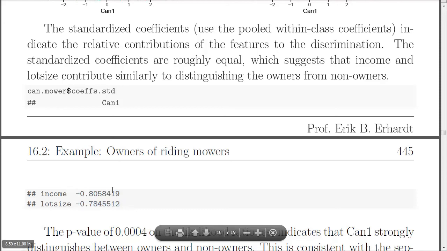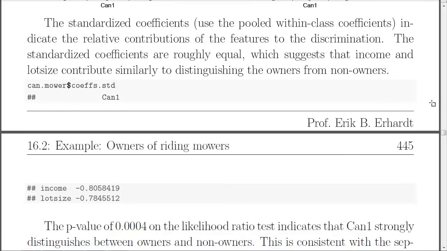In this case, both contribute roughly equally. So if we had several features, 7 or 8 say, we might find that 4 of them are important for classification and 4 of them don't help. That's an interesting way to help you understand which of the original features contribute to discrimination.